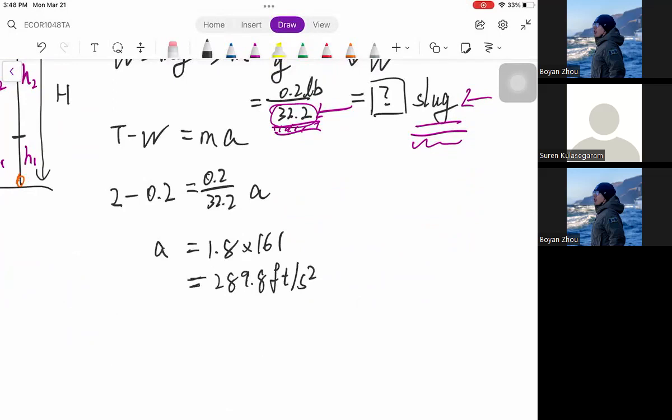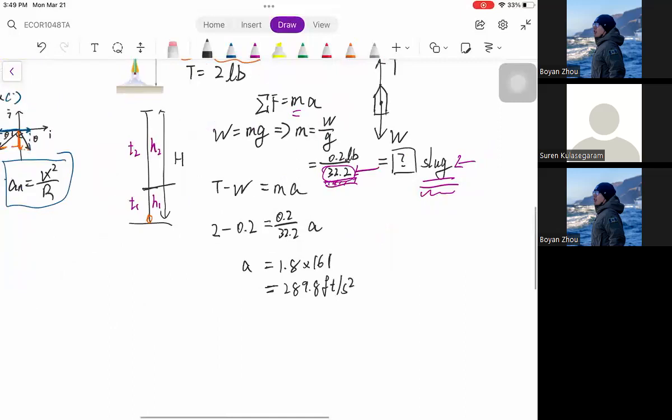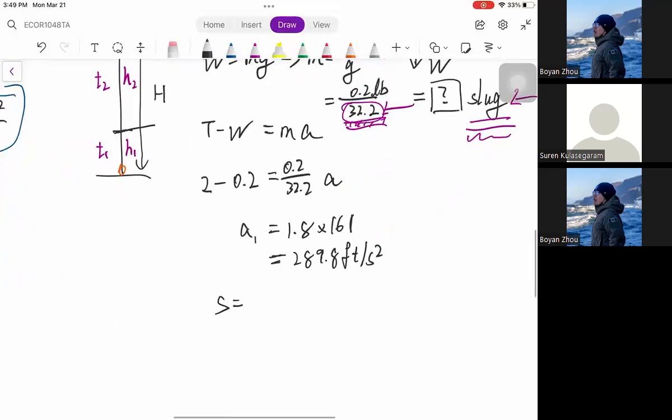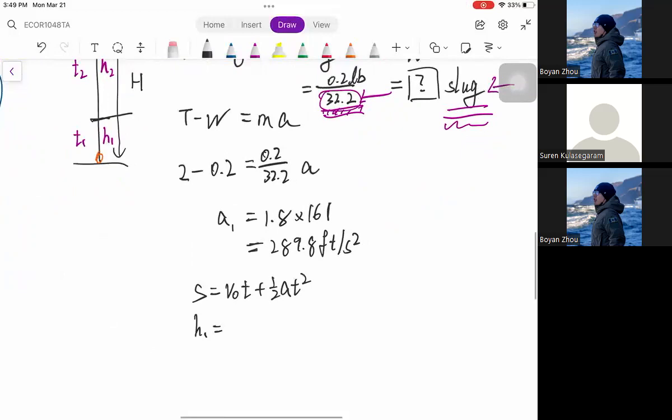So we have the acceleration now. Since we have the acceleration in the first region, we can calculate the height of the first region. Writing down the basic equation, the displacement is equal to the initial velocity times t plus half a t squared. In our scenario, the displacement is h1 and the initial velocity is 0, so 0 times t is also 0.